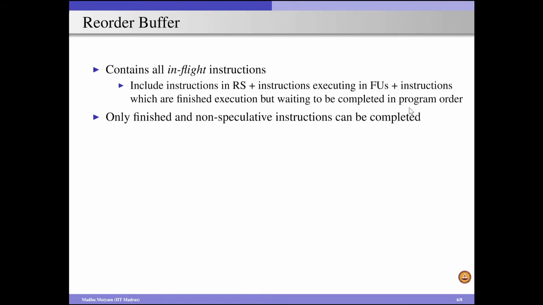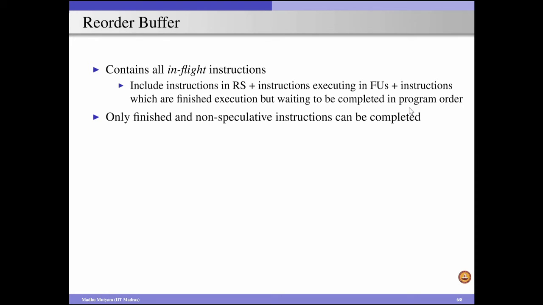For each of these instructions, we are going to maintain an entry in a table, and that table is called the reorder buffer. We know that only finished and non-speculative instructions can be completed. When I say finished, an instruction finishes its execution.